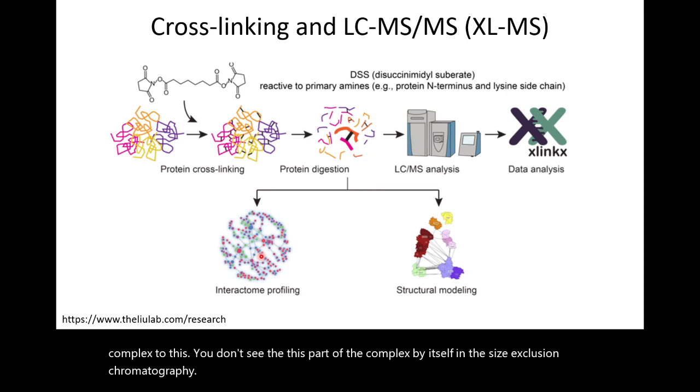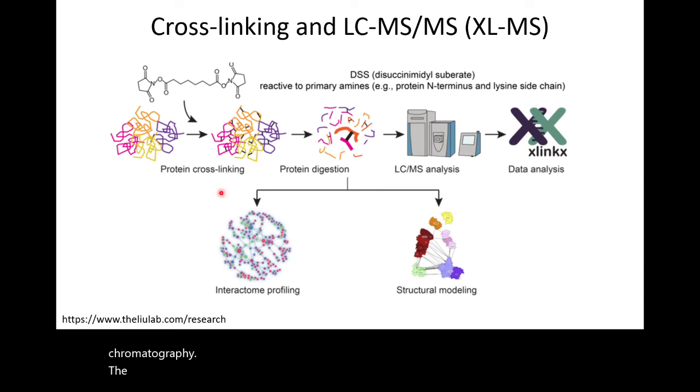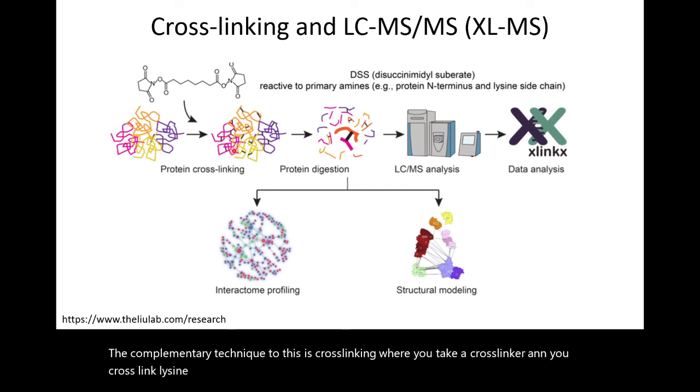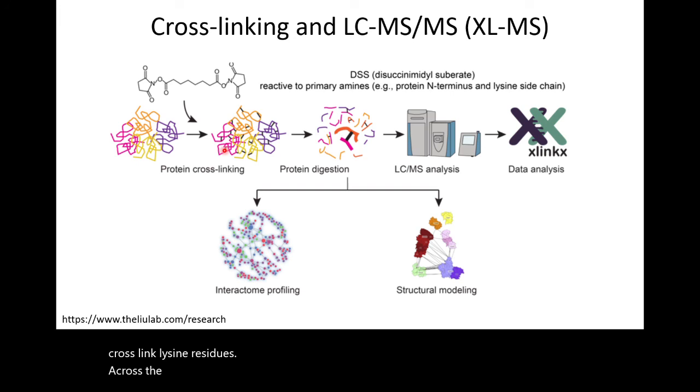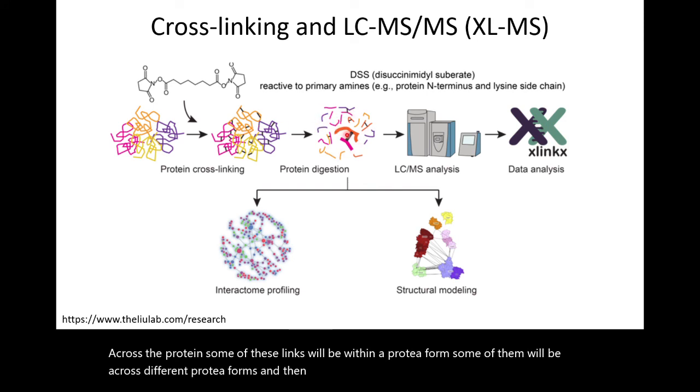The complementary technique to this is cross-linking, where you take a cross-linker and you cross-link lysine residues across the protein. Some of these links will be within a proteoform, some of them will be across different proteoforms. And then you digest these with the links intact.